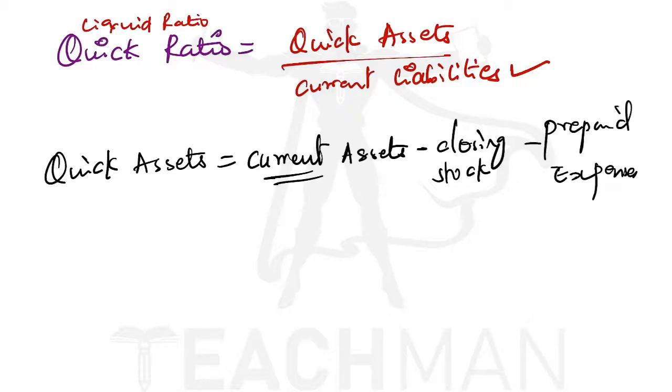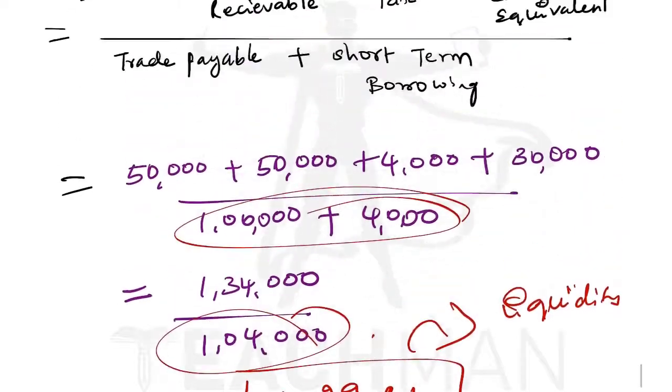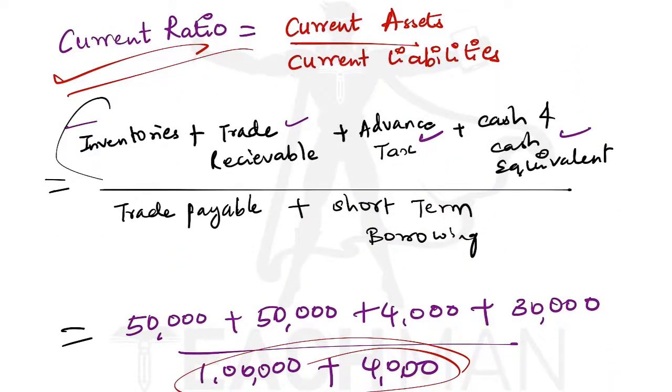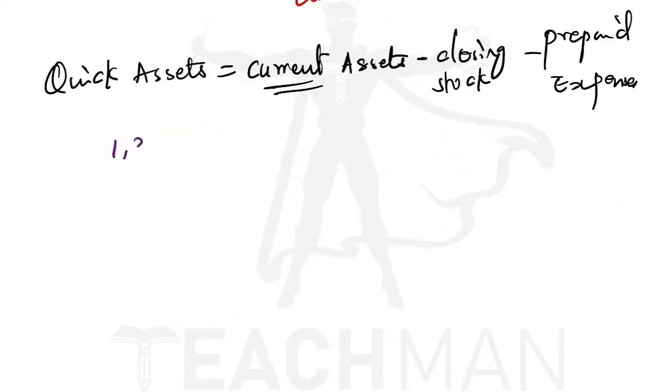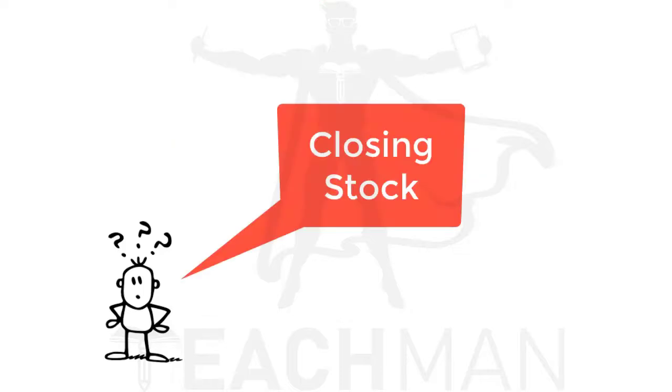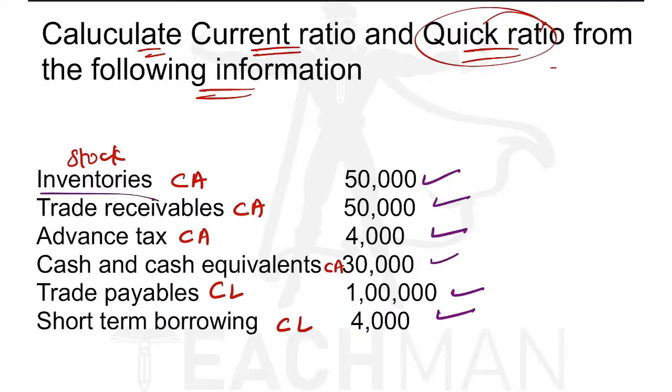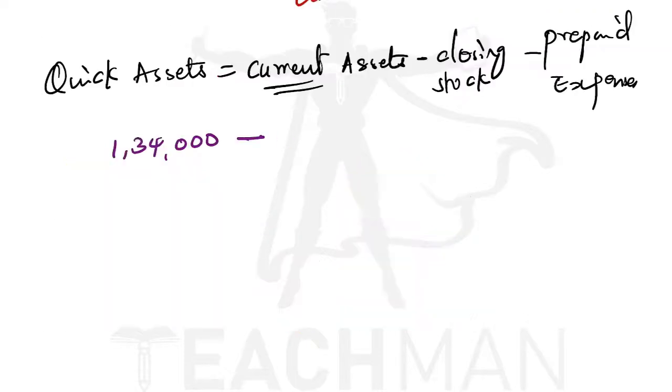Now what is the value of current assets here? We have found it, right? So these all are the current assets. The value will be 1,34,000. 1,34,000 minus what is the closing stock? See in the question, they have said inventories. Inventories' other name is stock. So the stock value will be 50,000. Minus prepaid expenses.